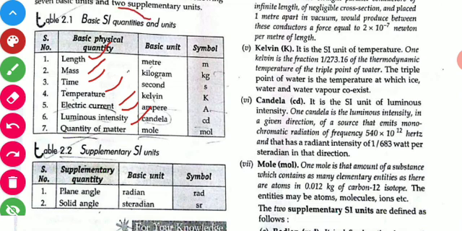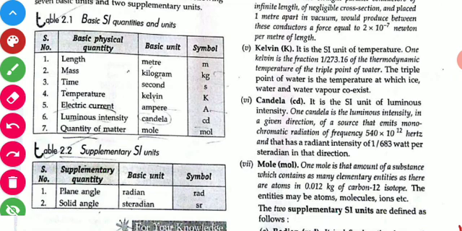In the SI system, we measure length in meter, mass in kilogram, time in second, temperature in Kelvin, electric current in ampere, luminous intensity in candela, and quantity of matter in mole.